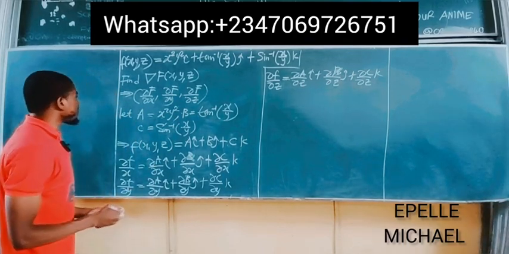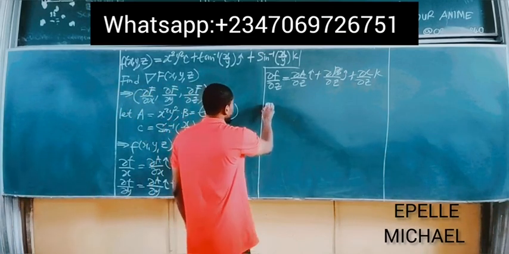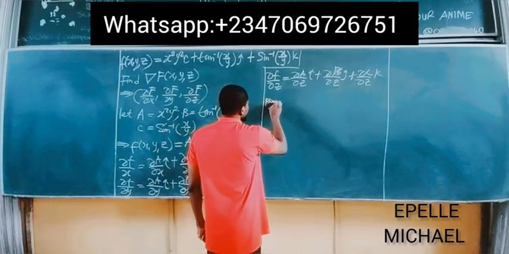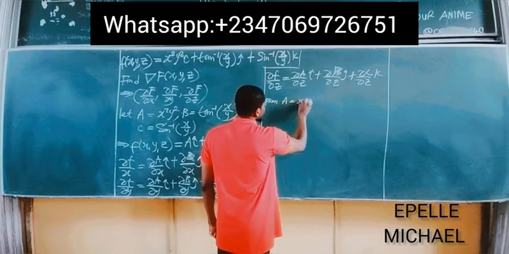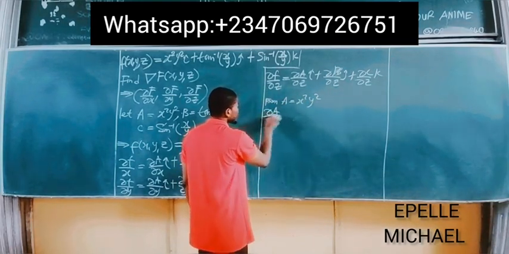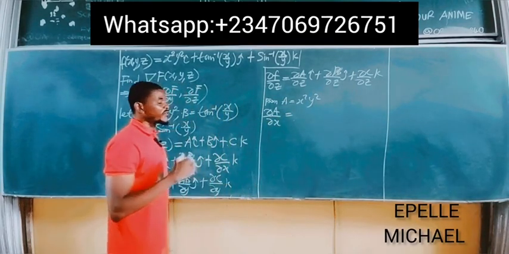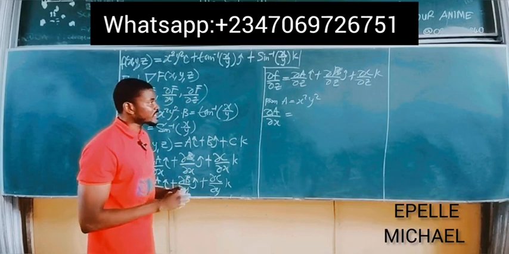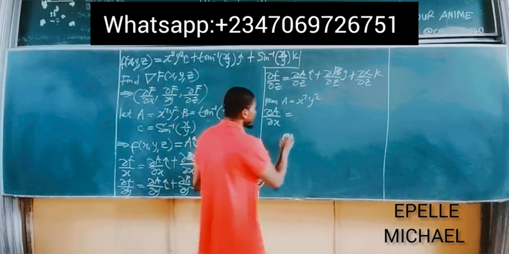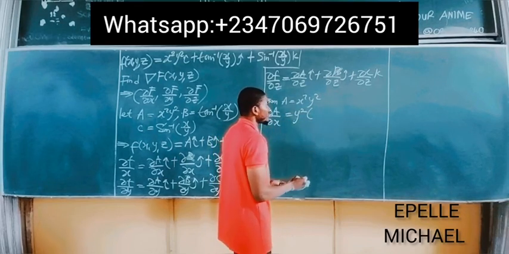So let's start from a now. a equals x squared y squared. Let's differentiate a partially with respect to only x. If I'm differentiating partially with respect to only x, it means I'm going to treat y squared as a constant. So I'll simply hold y squared and differentiate only x squared.